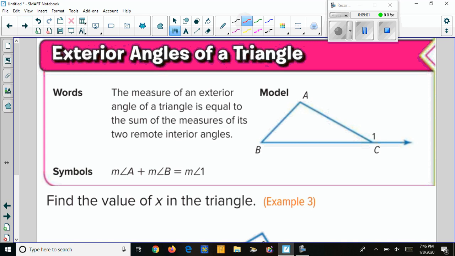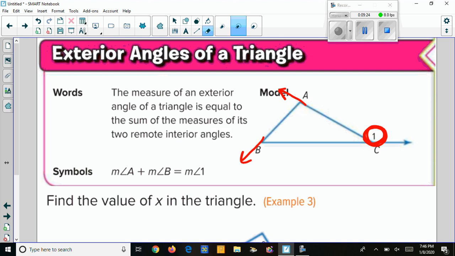So what happens is a triangle is made up of 3 line segments. And these lines could go on forever and ever. What happens is it does create some angle here on the outside.